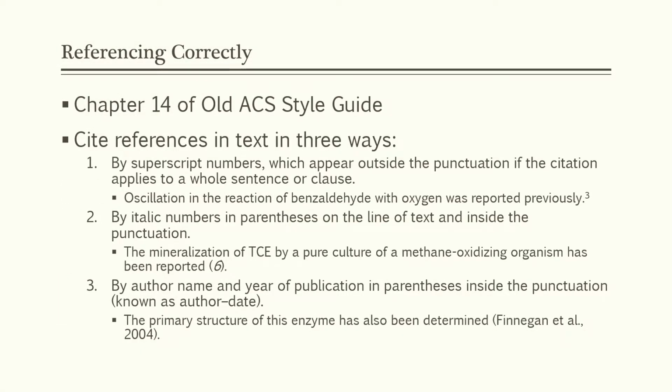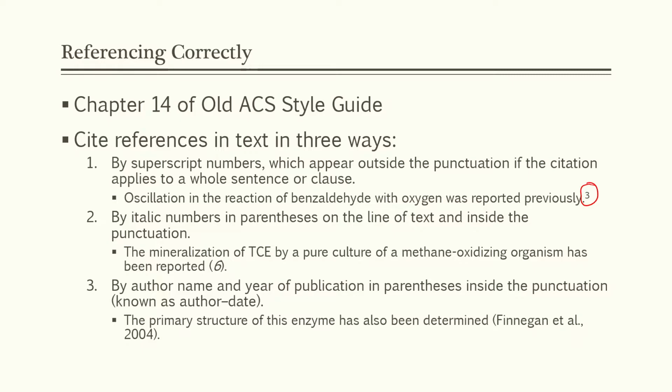The ACS Style Guide, Chapter 14, which is also posted on the Moodle page, has a much more thorough discussion of referencing than what I'm going to do here, but there are three major ways that the ACS wants references cited in papers. The first one is by superscript, and usually the superscript appears outside of the punctuation on a sentence that needs to be referenced.